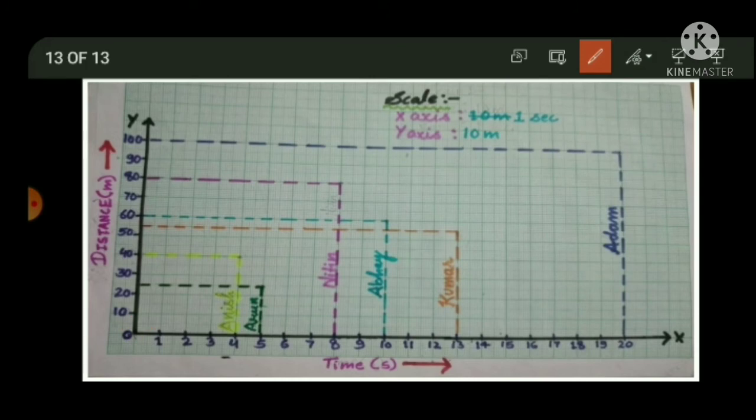Scale is very important, because without it, if any other person sees our graph, he will not understand it. That's why it is very, very important.